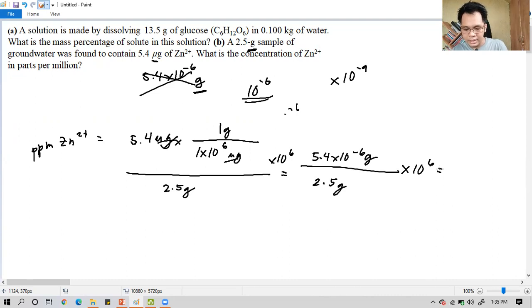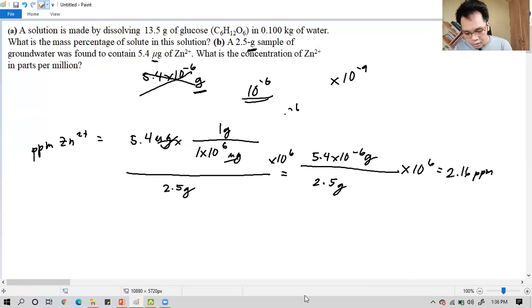And then times 10 raised to 6, kapag tinimes mo yung results niyan, is ganun din yung lalabas na sagot. 2.16. So ang usually method ko kasi is just nagkaroon tayo ng direct substitution para hindi na tayo magkaroon ng conversion here. But any of the methods are preferable, depende sa techniques ninyo. But again, you will yield the same answer.